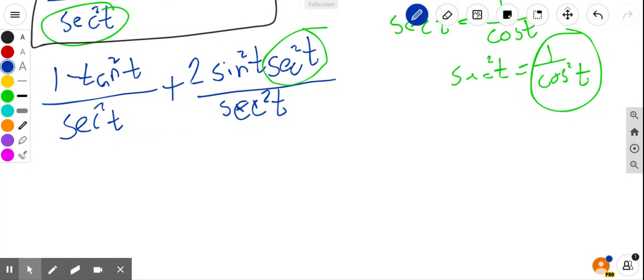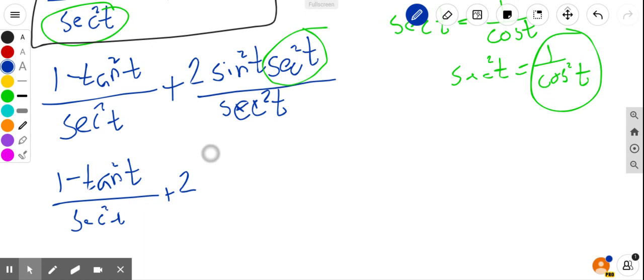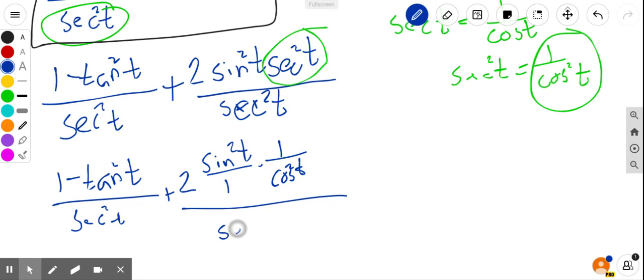So in essence, I have 1 minus tangent squared of t over secant squared of t plus 2 sine squared, technically over 1 times 1 over cosine squared of t over secant squared of t, right? Because this is where that substitution came into play.